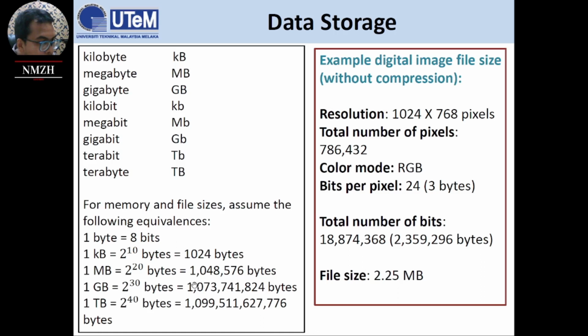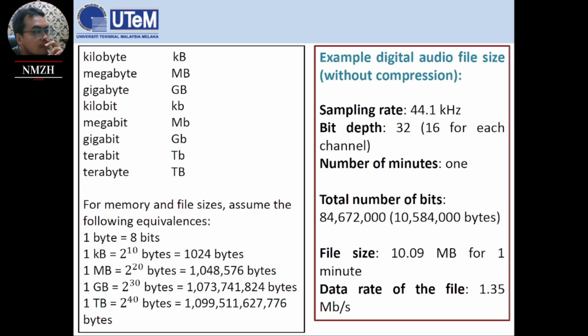So mega is 1,048,576 bytes. So this number will be divided by this, and we will have 2.25 megabytes. So that will be the size of one image with the size of 1024 times 768 pixels, height and width. So 2.25 megabytes, that would be the size of data storage.